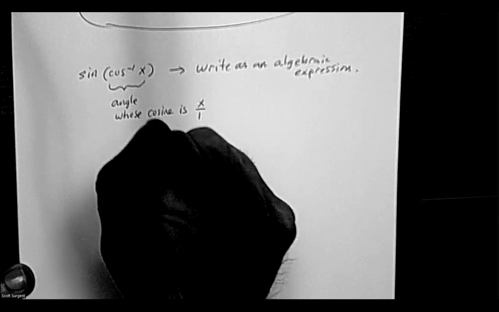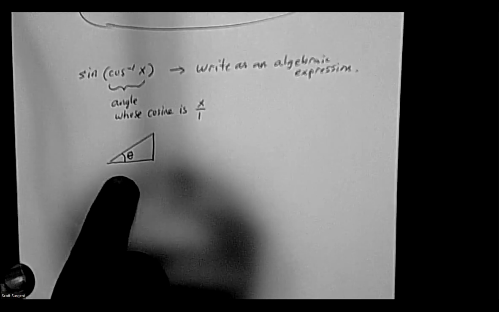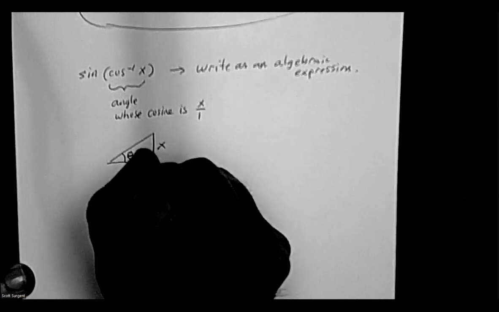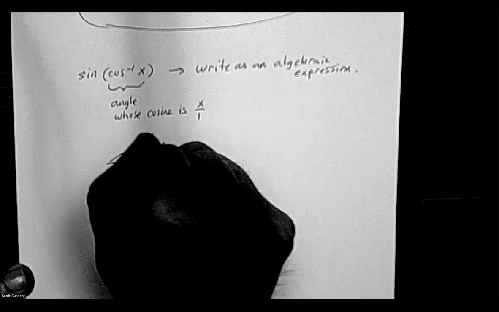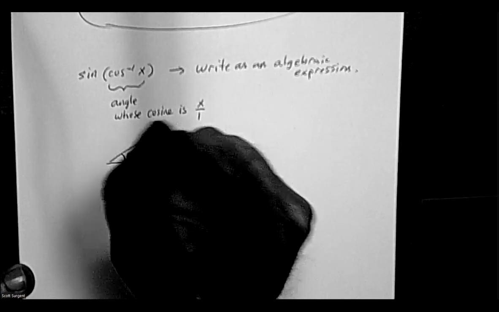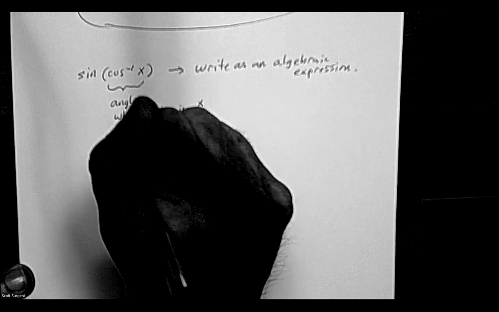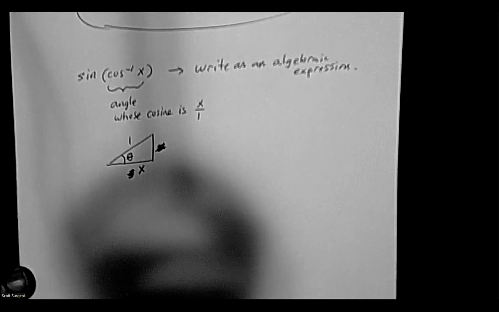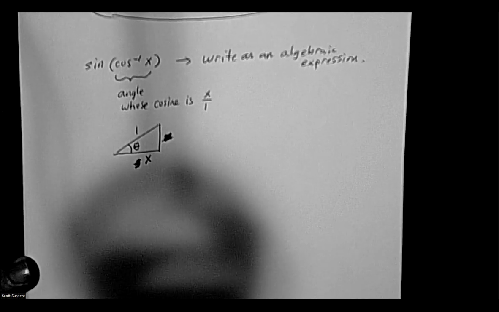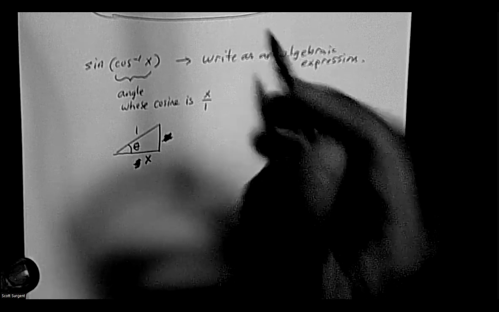So I'll use theta as my temporary angle measure. And this time I want x over 1 because again, actually I made a mistake. My bad. It's adjacent over hypotenuse. I was thinking tangent. Sorry about that. So I put my x and my 1 where they should go. So adjacent over hypotenuse.